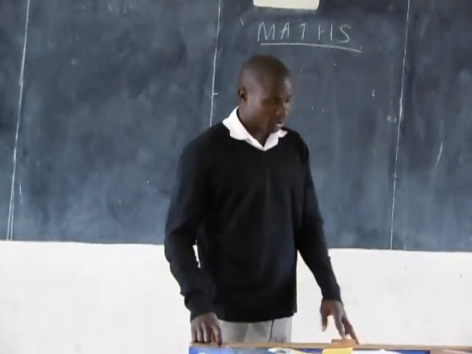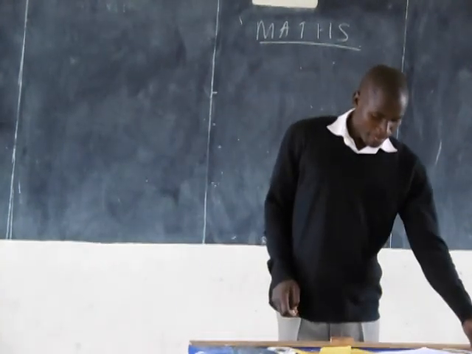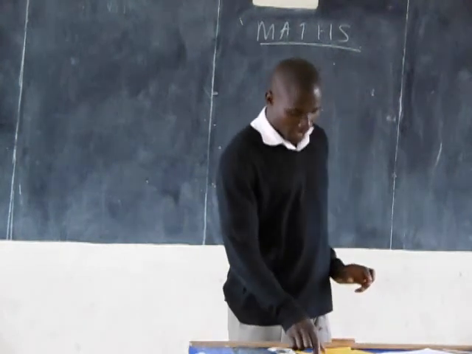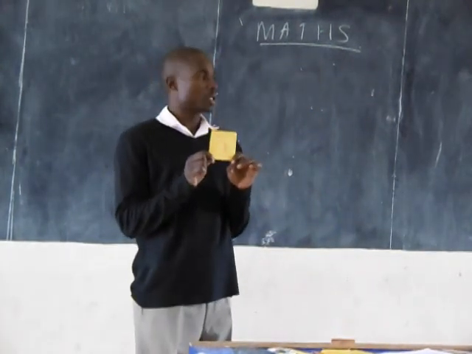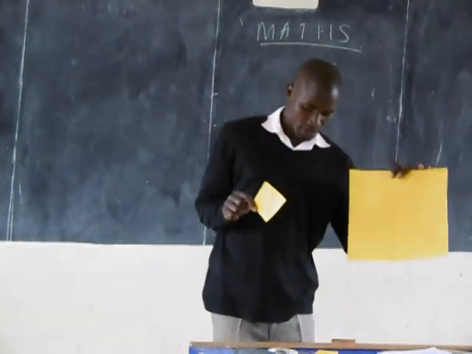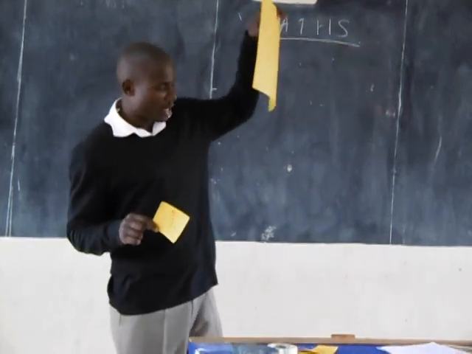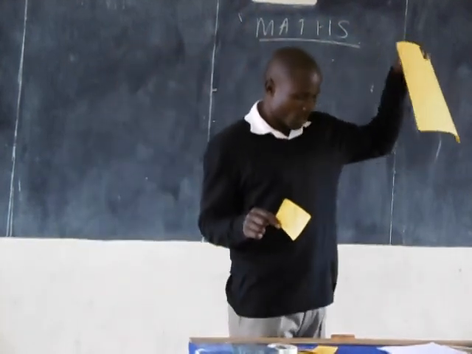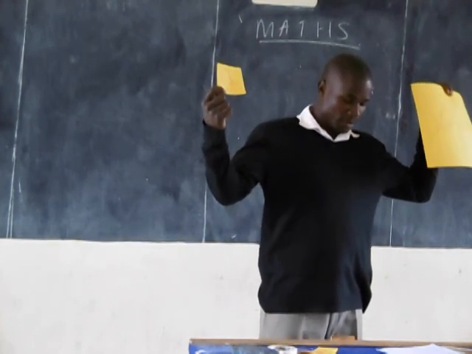After taking it out, first of all, I want to have these small charts that I'm holding here, cutouts. This is a square cutout, a square piece of paper, another square piece of paper.